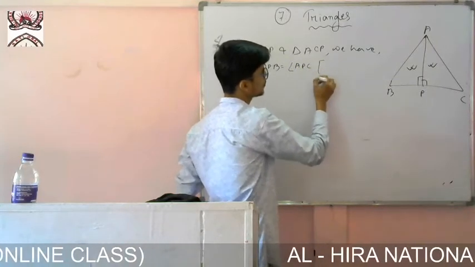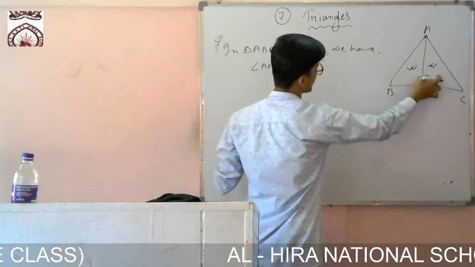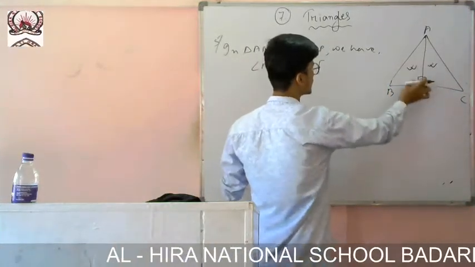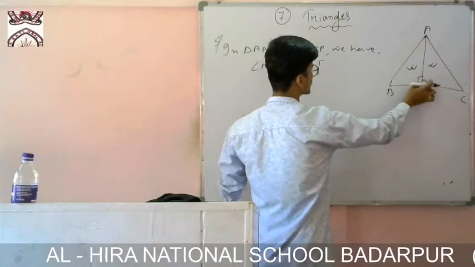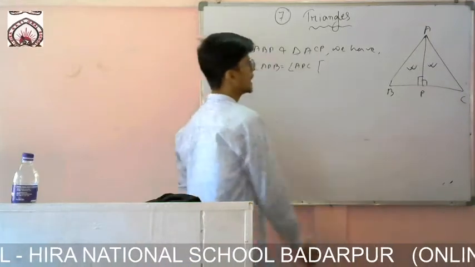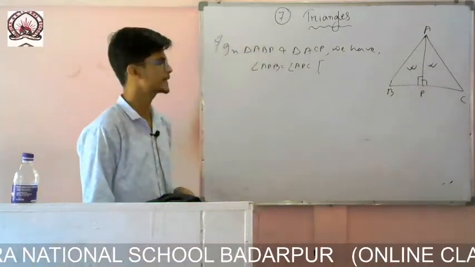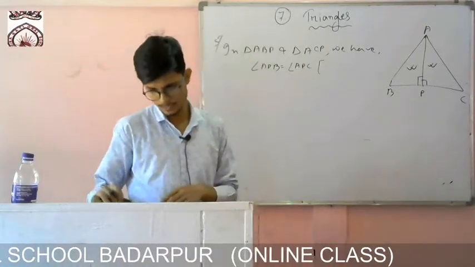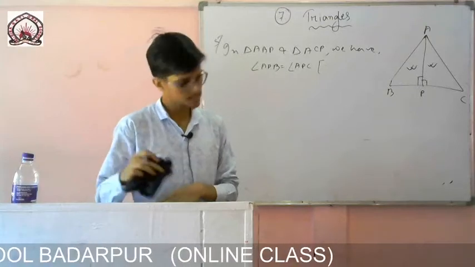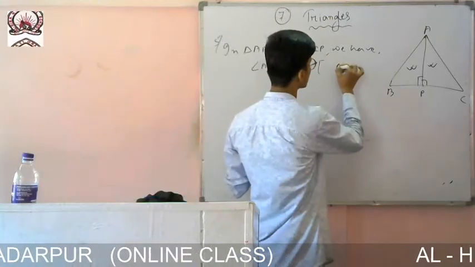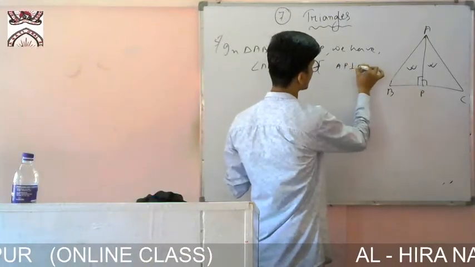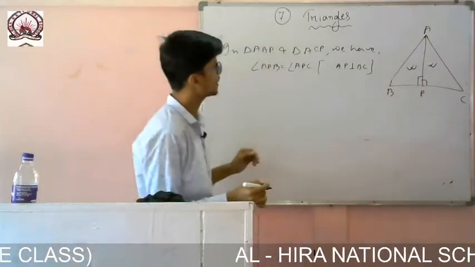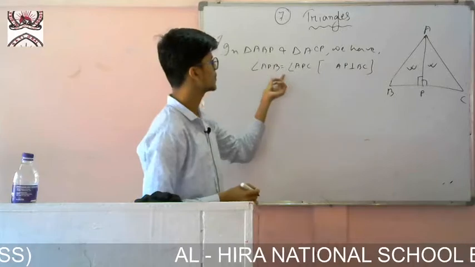Why? Because these two are perpendicular. So if it is perpendicular, then each one will be equal to 90 degrees. So what will be the reason? Reason will be AP is perpendicular to BC. Since AP is perpendicular to BC, that means each one will be equal to 90 degrees.